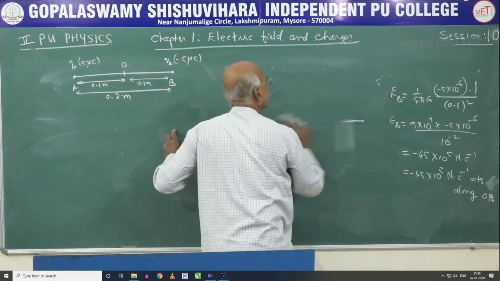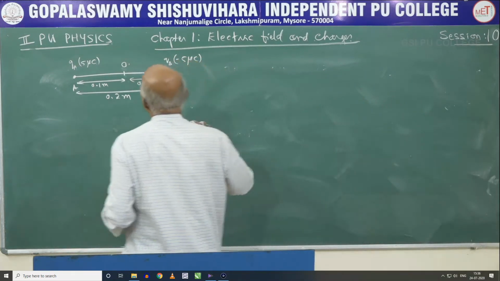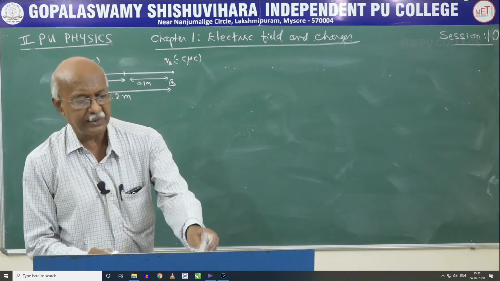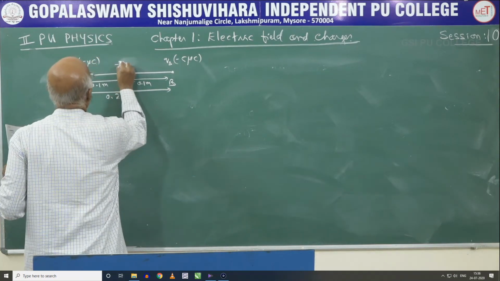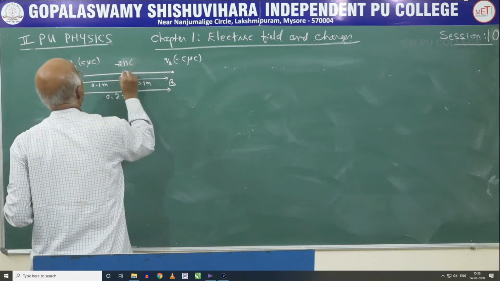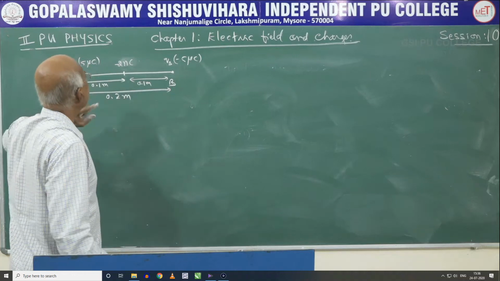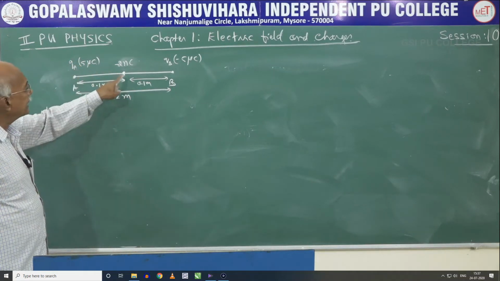Now the second part of the question is like this. Instead of having a unit positive charge, here we have a negative test charge kept. This is a minus 2 nC charge kept at this point.